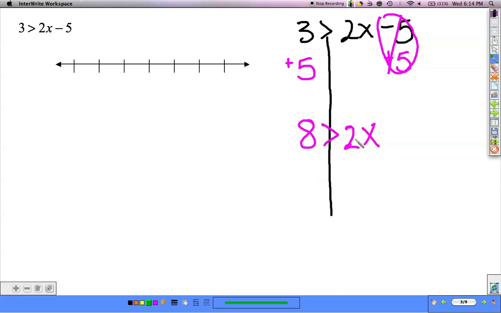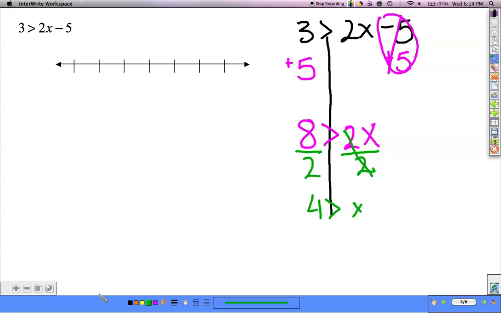Our next and final step for solving is going to be dividing both sides by 2. The 2's, of course, will divide to 1 or cancel each other out. And then we have 8 divided by 2 is going to give us 4 is greater than x.